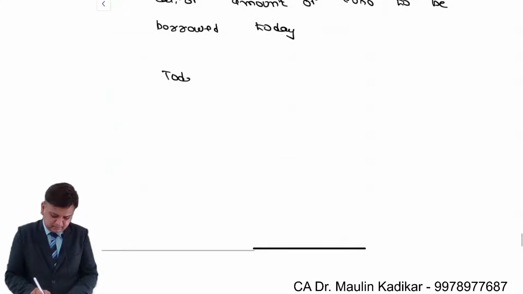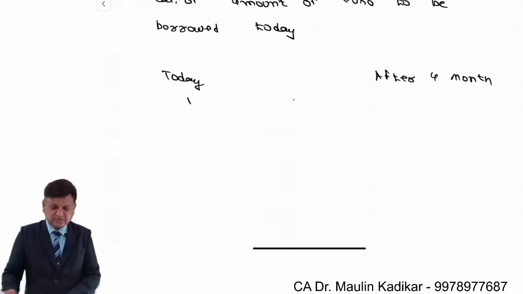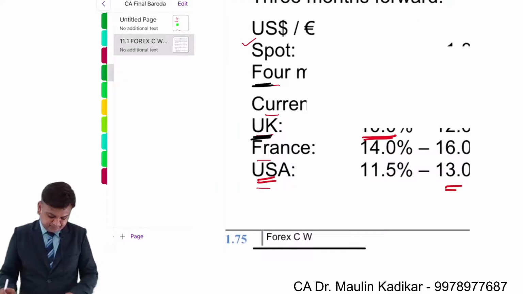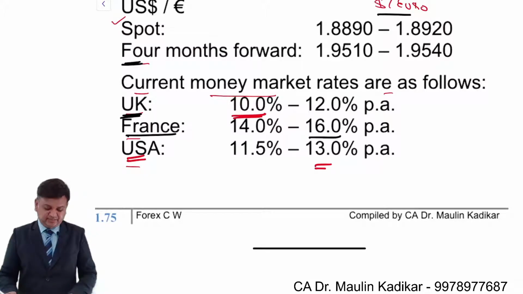So today and after 4 months. Suppose today you borrow 1 euro, then for France, that is for euro currency, the borrowing rate is provided to us as 16%.